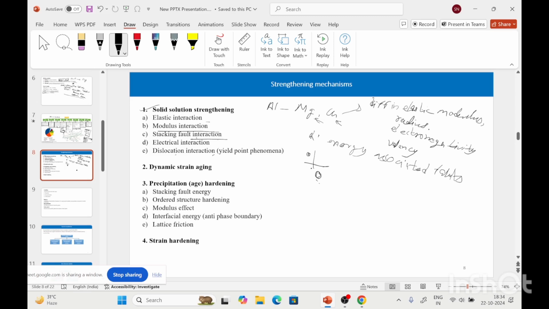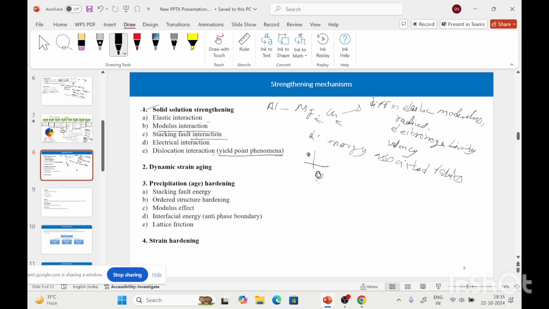During the movement of the dislocation, the alloying elements hinder its path, so the stress required for further deformation increases.